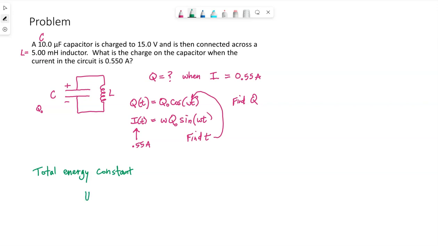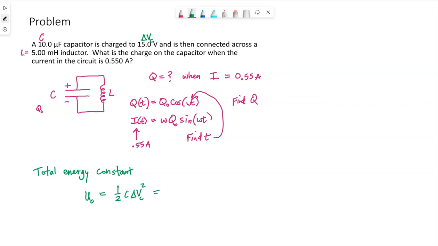I know the capacitor initially has energy, and I have the information to find that energy. I know the capacitance, I know the potential difference across the capacitor initially. That's given to me.